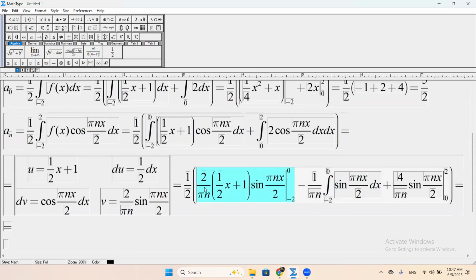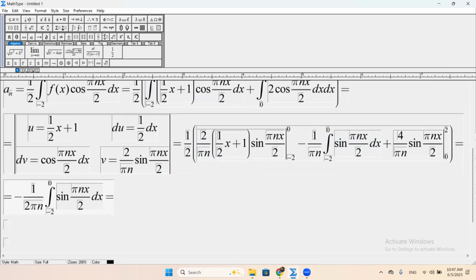So this part goes away. And this part goes away as well, because I will receive sine of pi n and sine of 0. So I will have only this integral, minus 1 over 2 pi n times this integral.